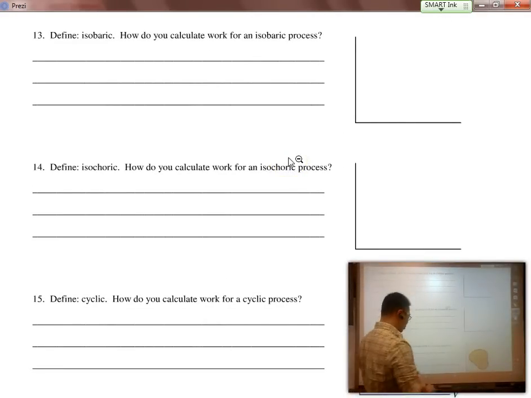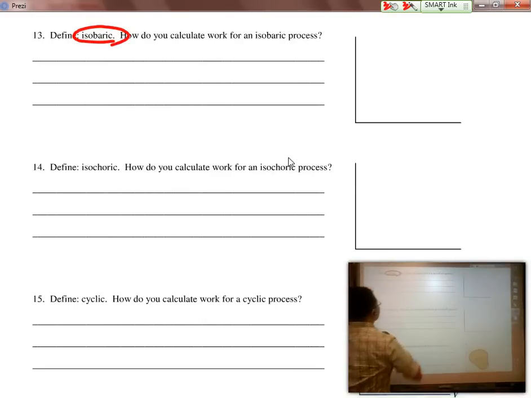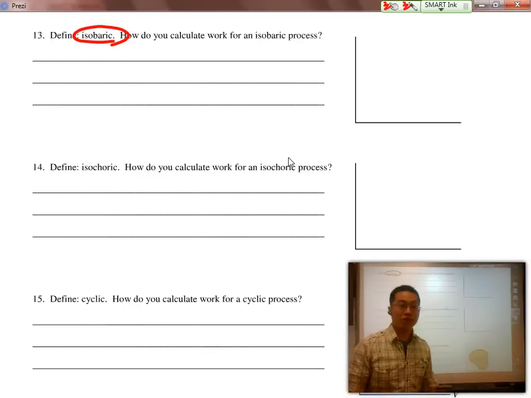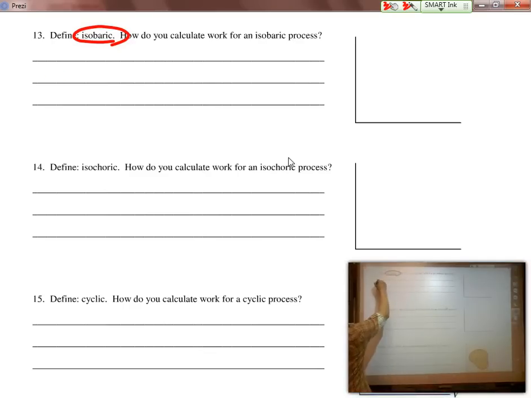Our next word that we're going to define is isobaric. If you think about what a barometer does, a barometer measures pressure, isobaric simply means constant pressure.